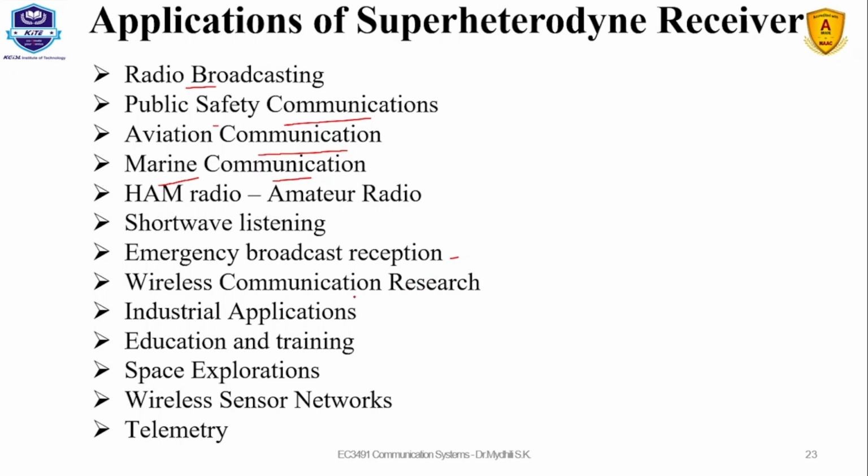And wireless communication research, it has wide applications, industrial applications, education and training purposes, space exploration, wireless sensor networks and telemetry. Emergency broadcast reception, for example, whenever a tsunami or environmental calamity occurs, this superheterodyne receiver plays a major role.